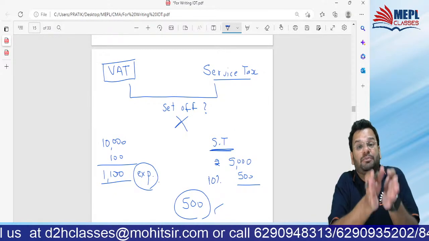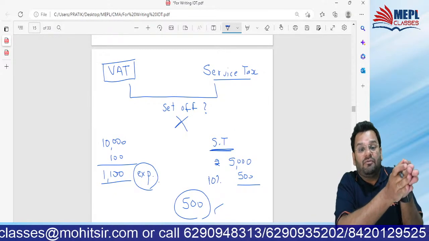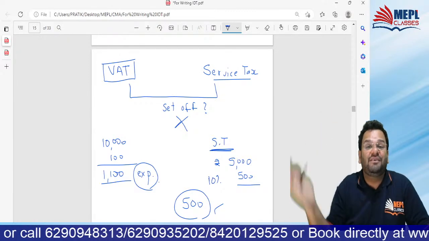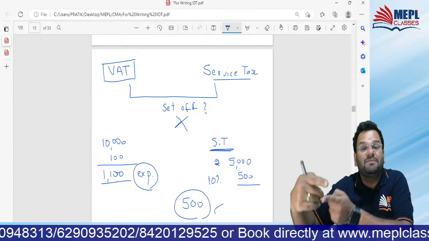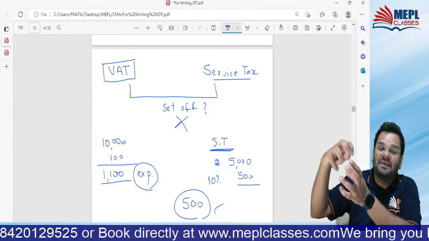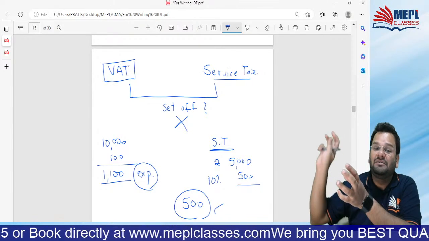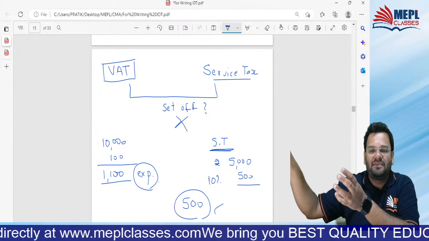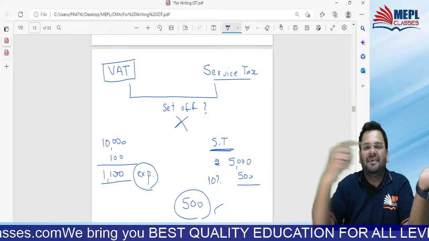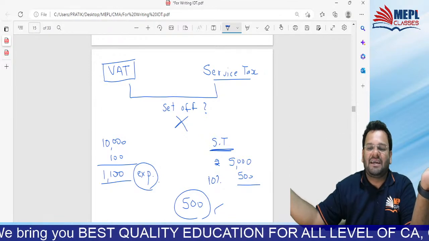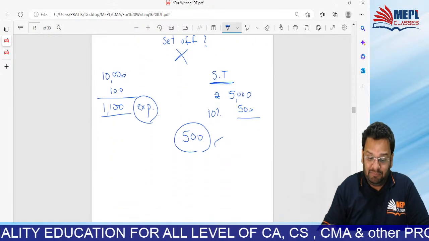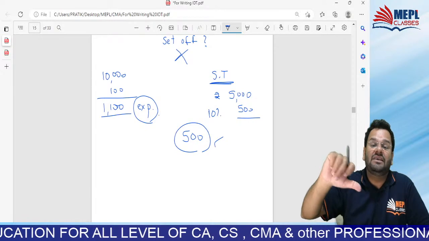In short, if a service provider is paying VAT on goods, set off is not possible. Vice versa, if a trader is getting some services and paying service tax on those services, his output tax is VAT. So to pay that VAT, he cannot use service tax input. So what happened is no set off in this manner.